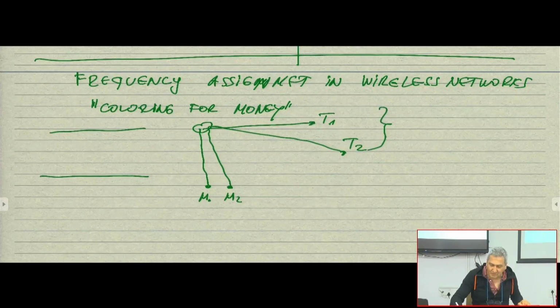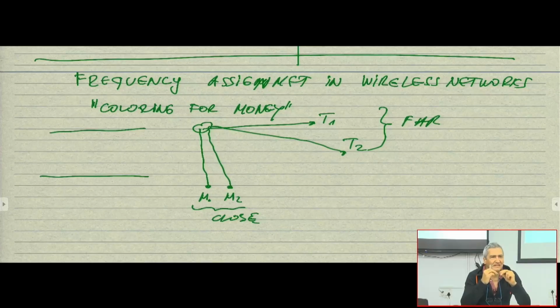These two maybe are far away, but these two are close. Because these two are close, if they get frequencies which are very close to each other, there will be interference. So there will be noise. Mobile 1 will have noise from mobile 2, and mobile 2 will have noise from mobile 1. So if two telephones are close enough, they should get frequencies which are far away. And this is called frequency assignment.